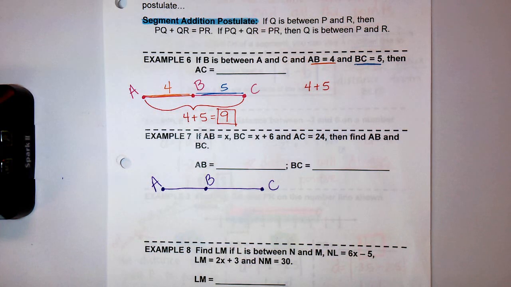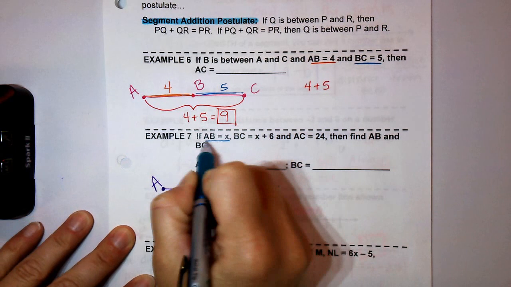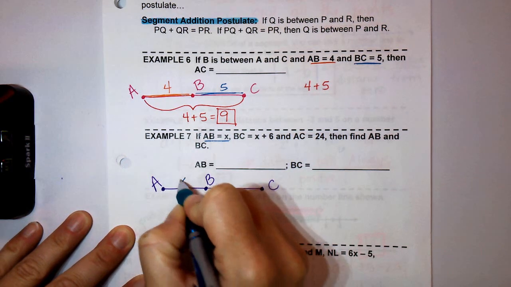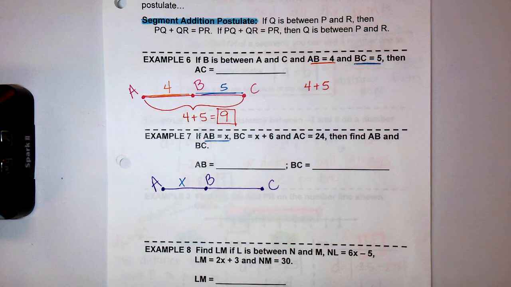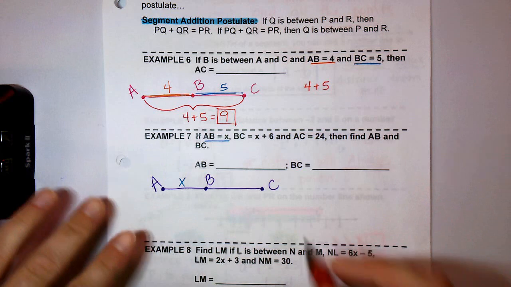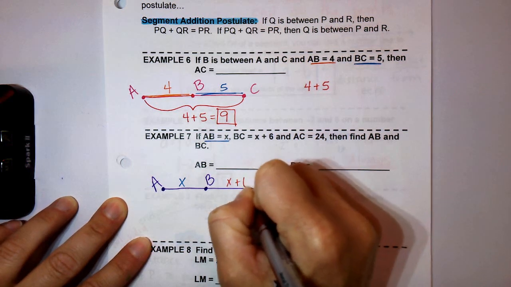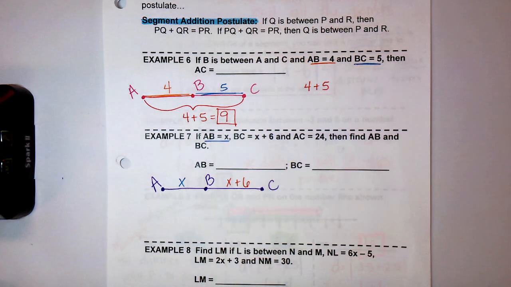This time, from A to B, I have X. So variables now. Letters. Then from B to C, I have X plus 6. And then they told me AC.